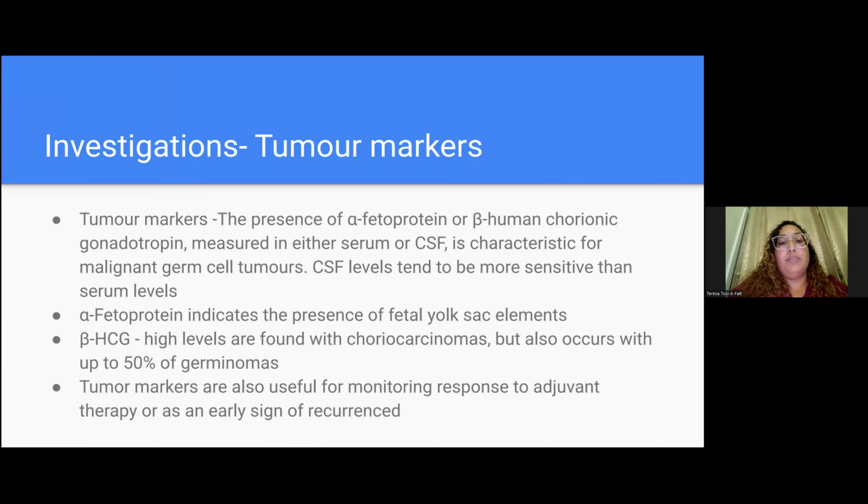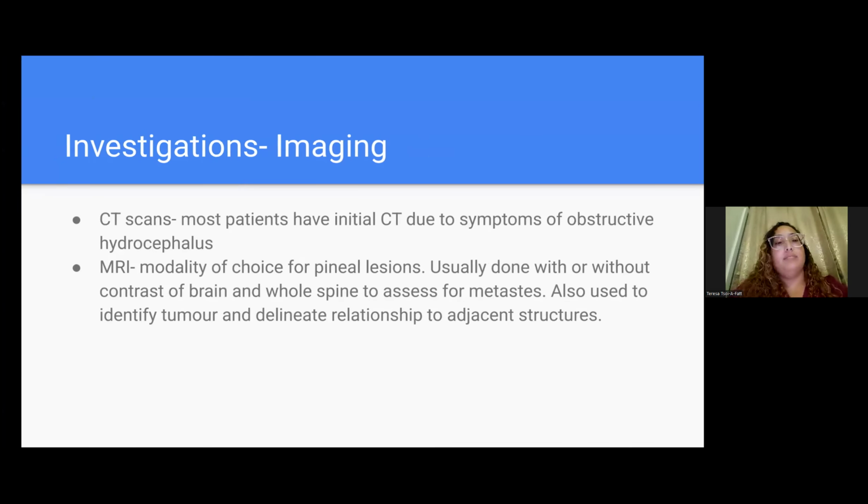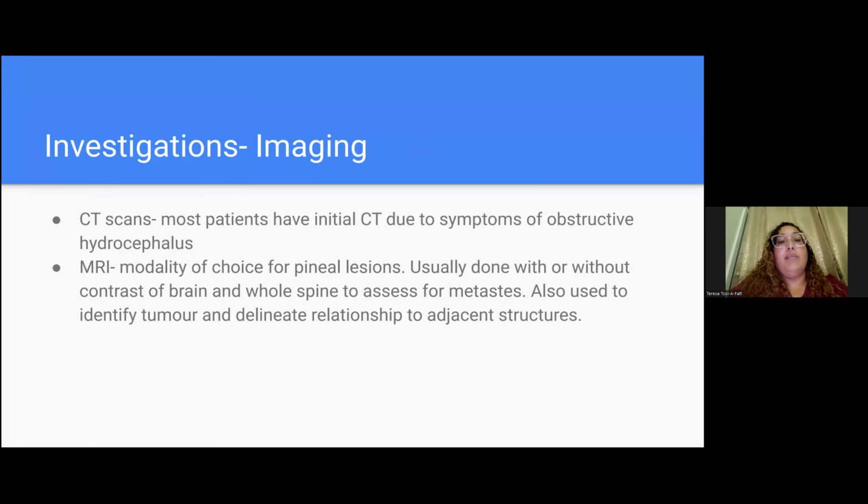So alpha fetoprotein indicates the presence of a fetal yolk sac element, and beta HCG, if they're high levels, the high levels are usually found in choriocarcinomas, but could also occur in up to 50% of germinomas. Now, the tumor markers are also useful for monitoring the response to adjuvant therapy or as an early sign of recurrence.